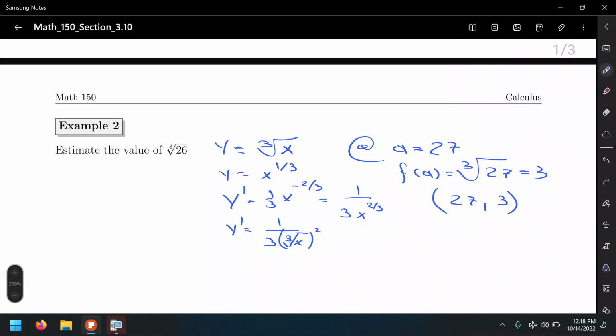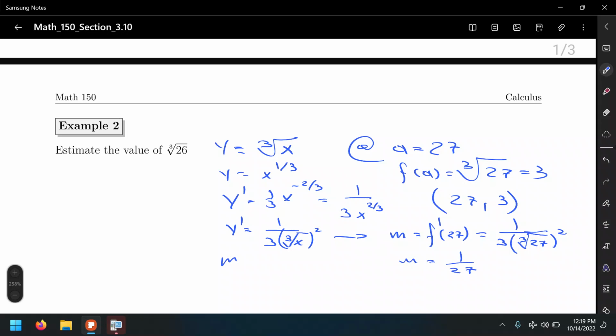So now let's find the slope. m, which is the derivative evaluated at 27, that's 1/3 times the cube root of 27 quantity squared. Number one, what's the cube root of 27 again? It's squared, not cubed. Yes, that's what I meant. Thank you. So it's 3, and this 3 quantity squared is 9, and 9 times 3 in the denominator is 27. So that's 1/27.